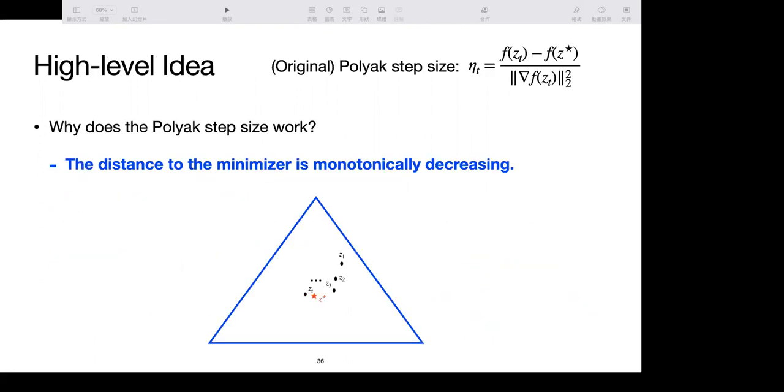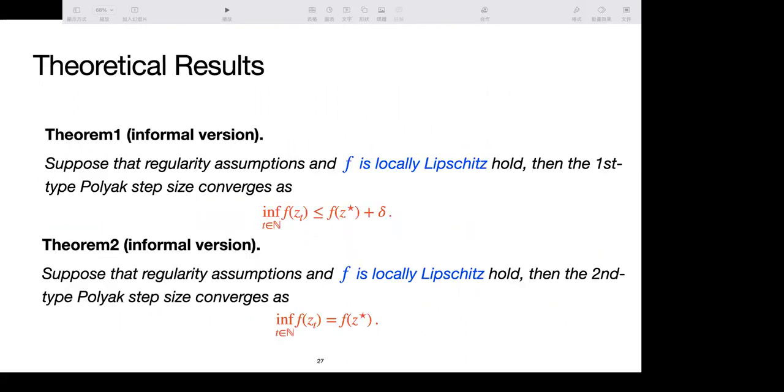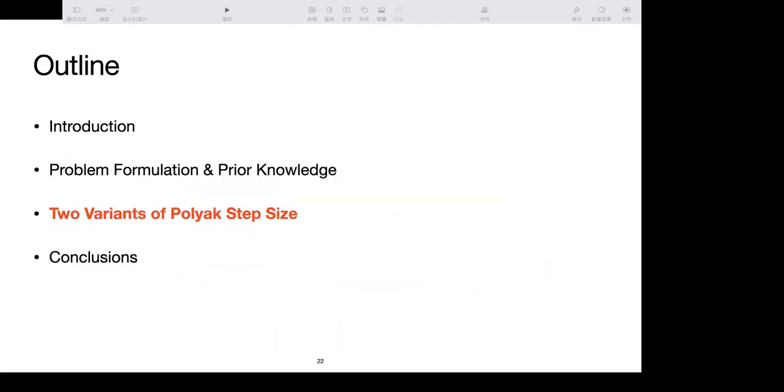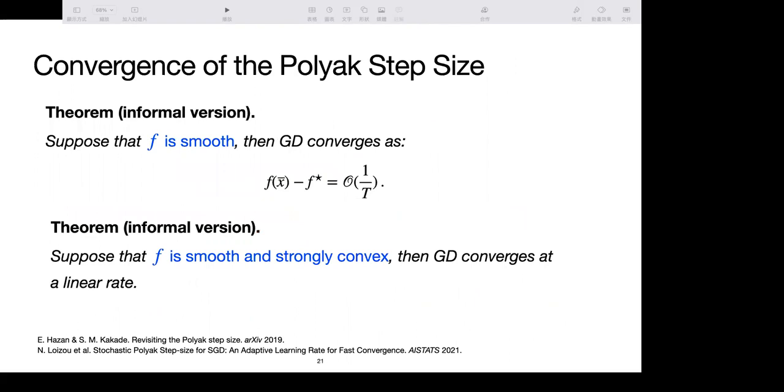And it also reminds me of a necessary condition for convergence of stochastic gradient descent. Usually to prove that stochastic gradient descent converges, you need to assume that the learning rate also decays to 0. So I wonder if there is any use of the Polyak step size in the stochastic setting?